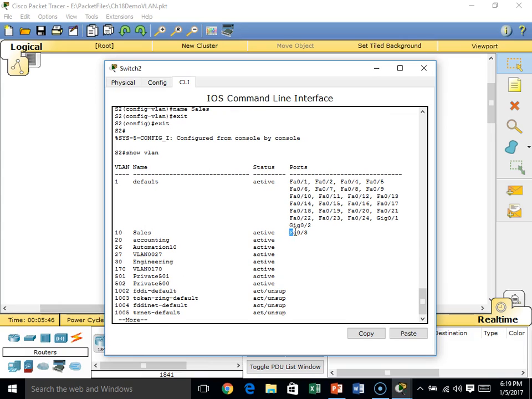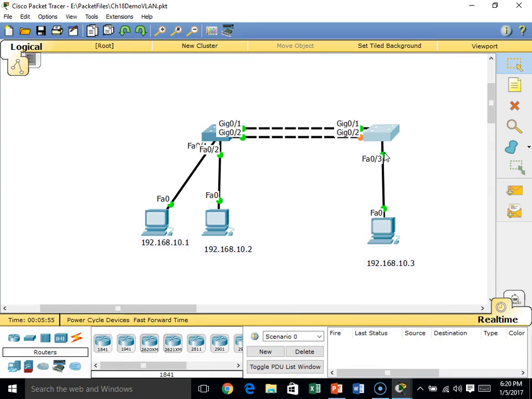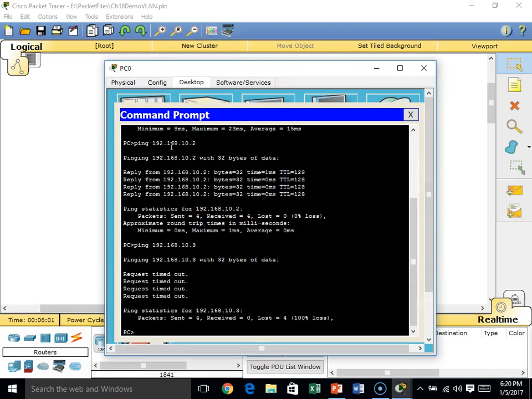And you notice we now have FA0/3 is on VLAN 10. So that ought to fix it for us, right? And you notice we now are up because we're on the right network. So should we now be able to ping across here, since they're all on the same VLAN, right?